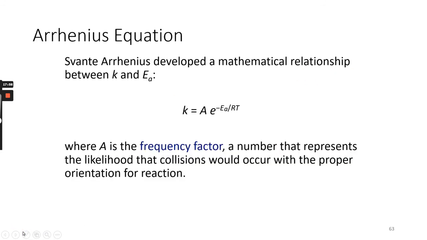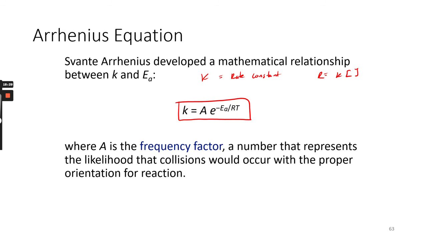So Arrhenius developed a mathematical relationship between k. Remember, k is our rate constant. Remember, rate equals k times the concentration of some reactant. Okay? And Ea is our activation energy. So here is the relationship he came up with. Okay, so we define Ea as our activation energy, R is our gas constant, T is temperature in Kelvin.